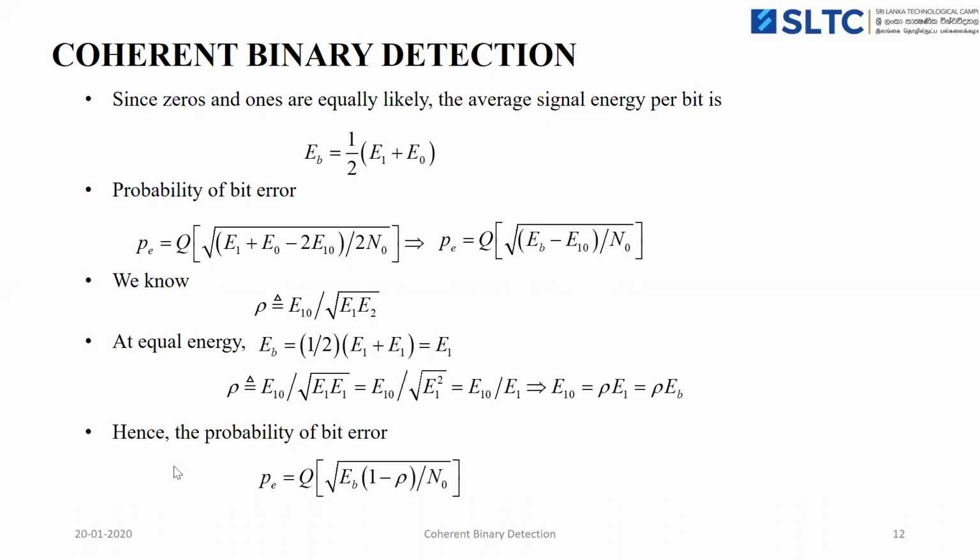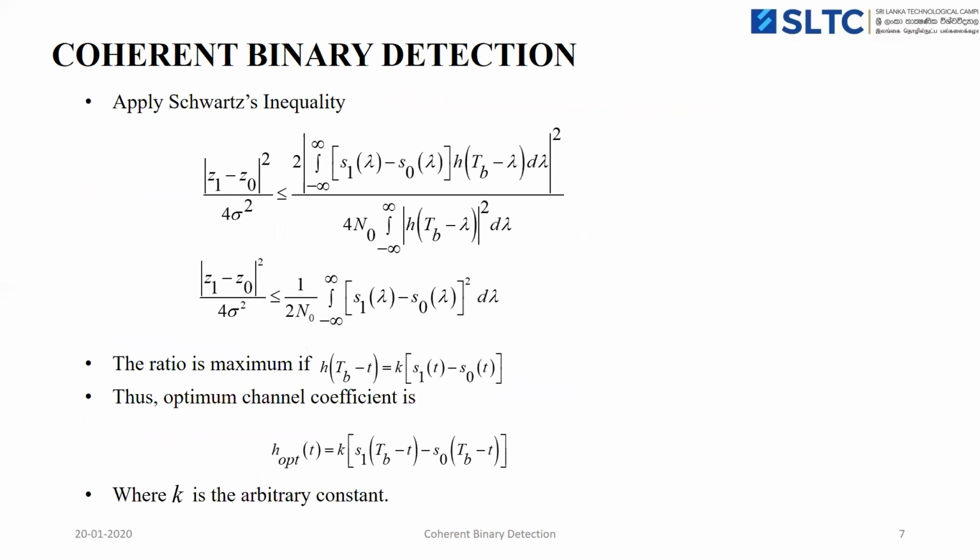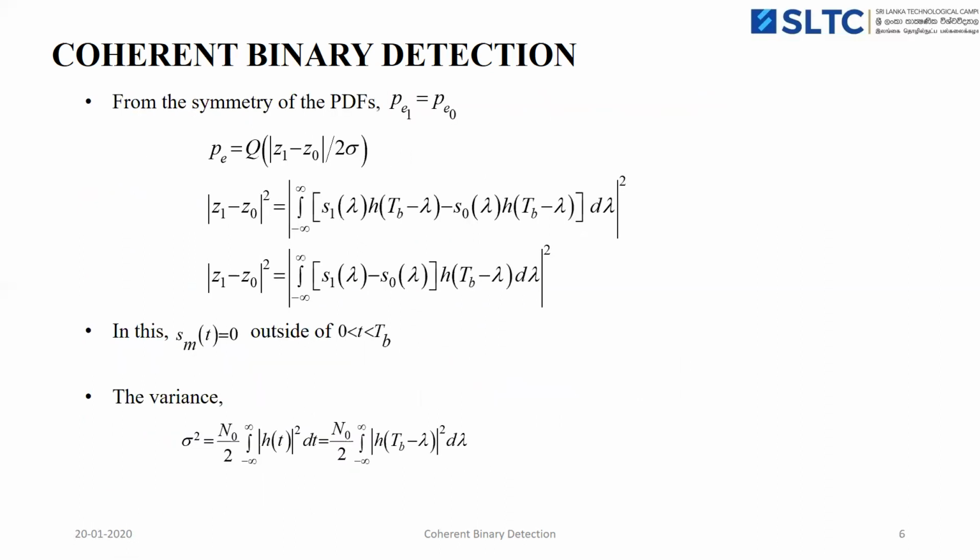So the probability of error for coherent binary detection is P equal to Q of square root of E1 plus E0 minus 2 E10 by 2 N0, because we already know the formula for probability of error for binary detection.